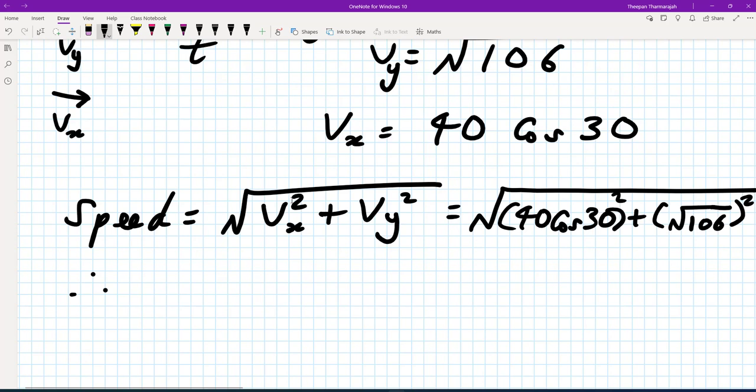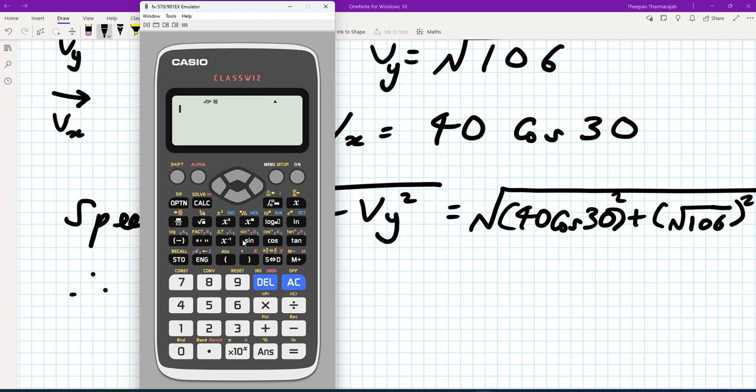So if we do that on our calculator, we're going to round this to 3 significant figures. So the speed required is going to be the square root of (40 cos 30) squared plus 106, and that's going to give me 36.1 meters per second.